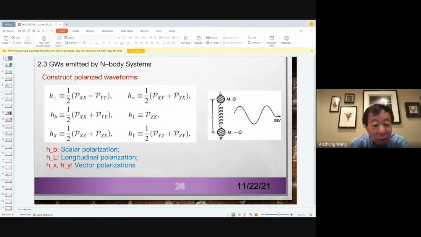HL is also a scalar polarization, but along the propagating direction of the gravitational wave. HX, HY are due to the vector modes. Of course, in Einstein's theory, we have only the first 2, H plus, H cross. But in this theory, we have all the 6 modes, so all of them are different from 0.